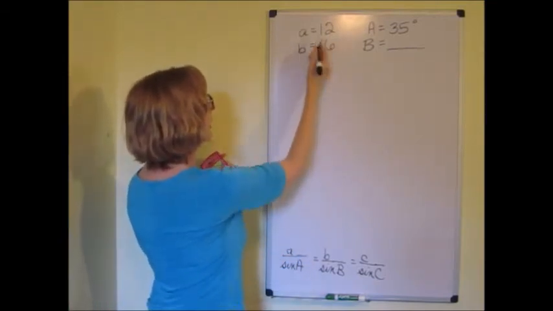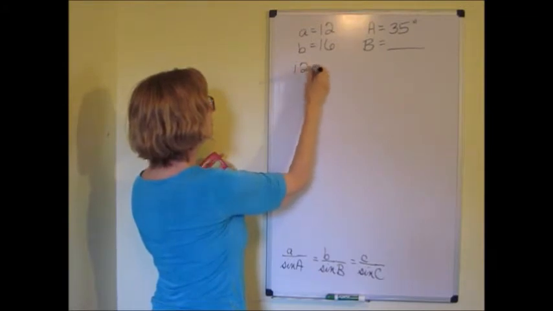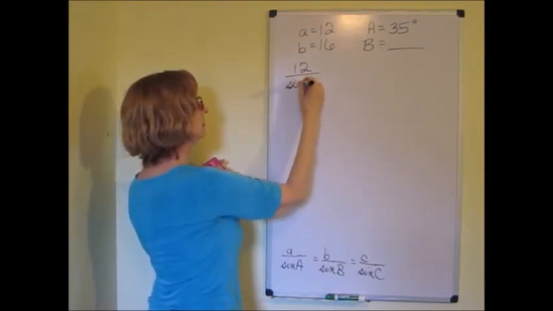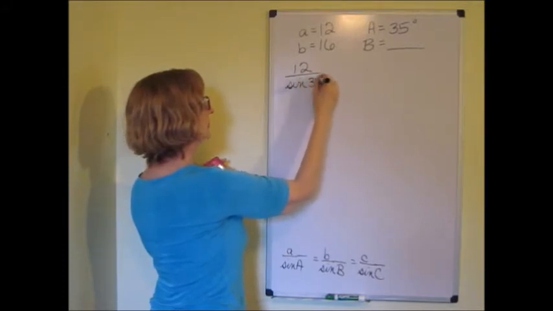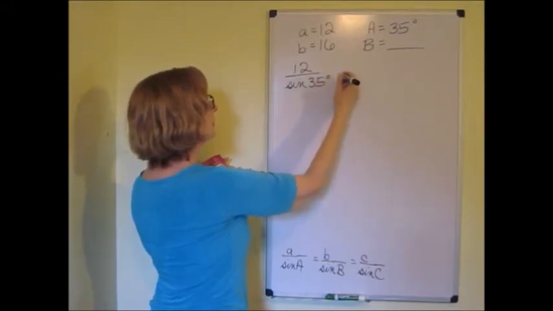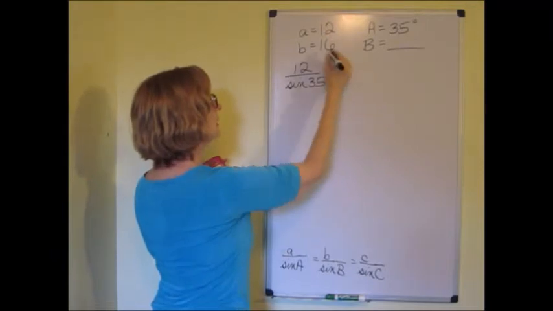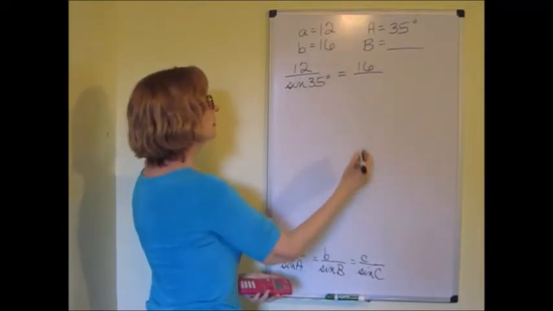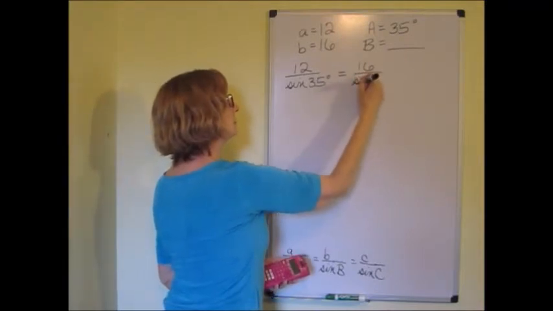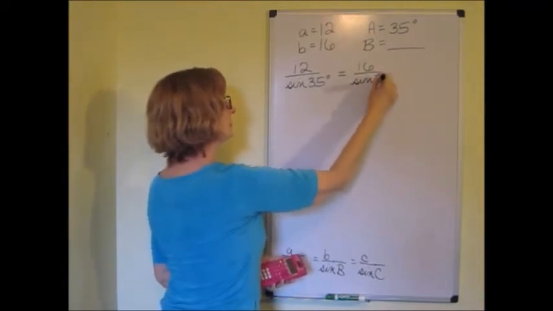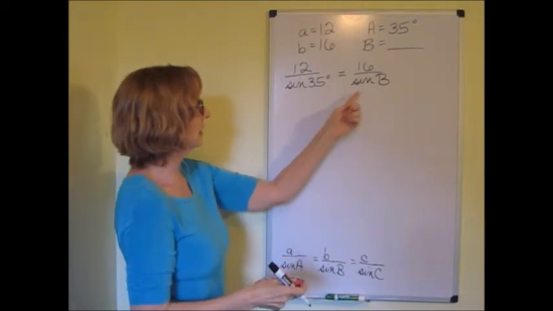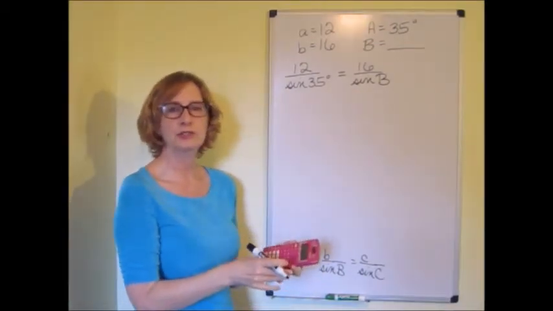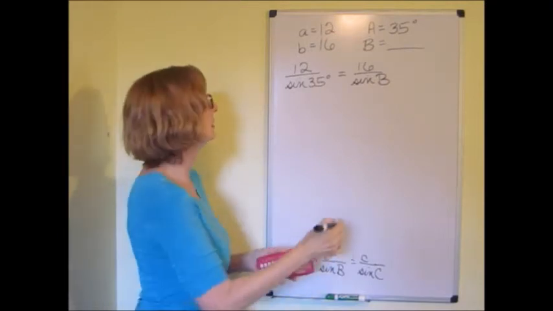So I'm going to have A, which is 12, over the sine of angle A, sine of 35, is equal to B, which is 16, over the sine of angle B. Since the sine of B is what we're trying to solve for and it's in the denominator, let's go ahead and use the cross products again.